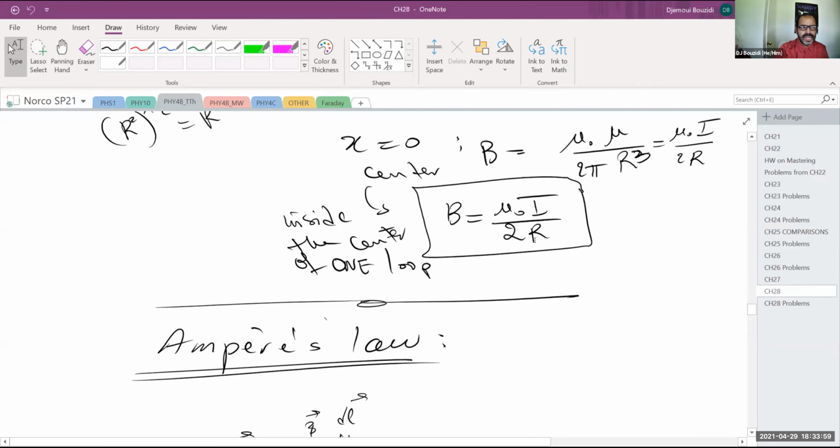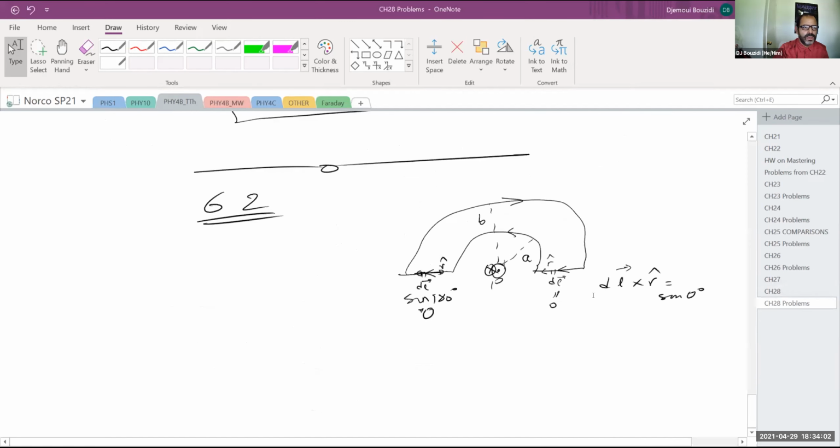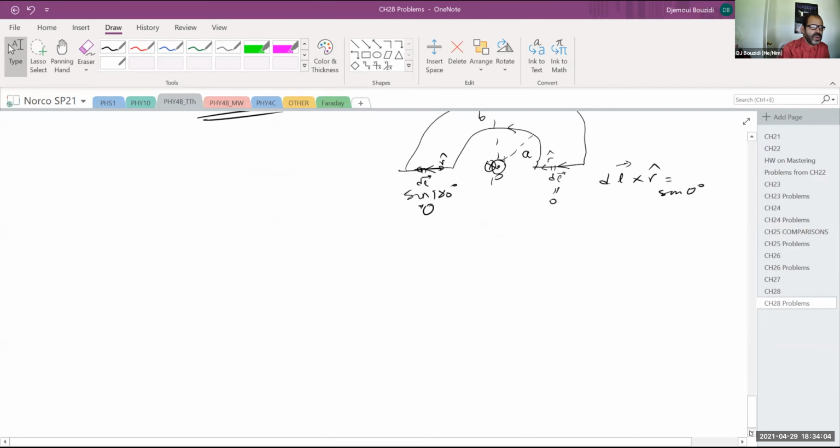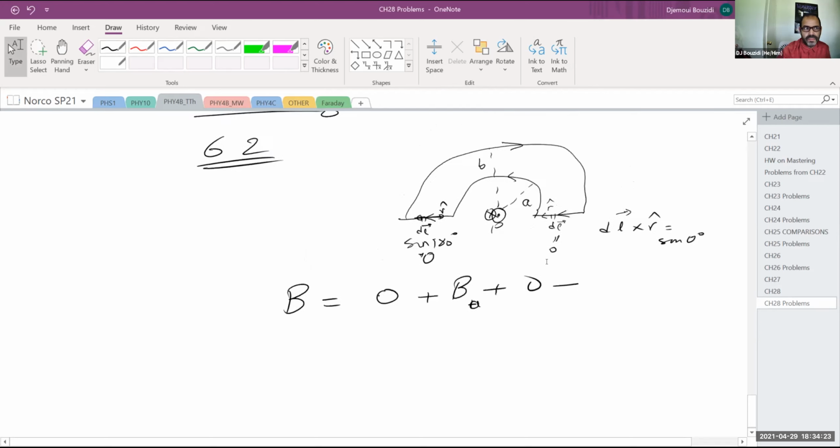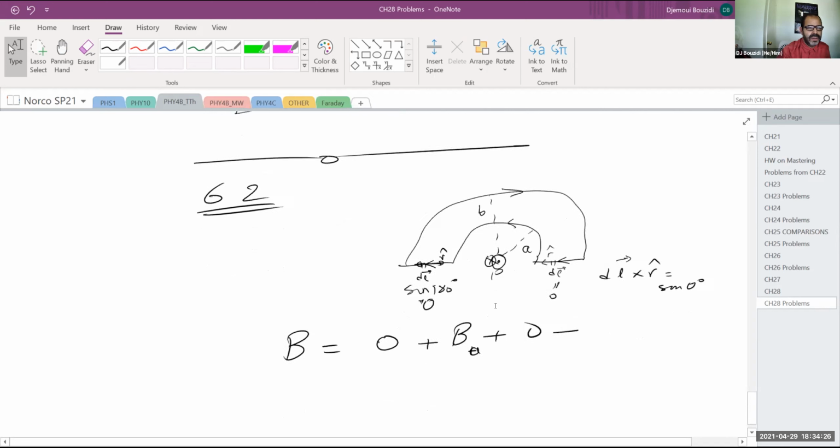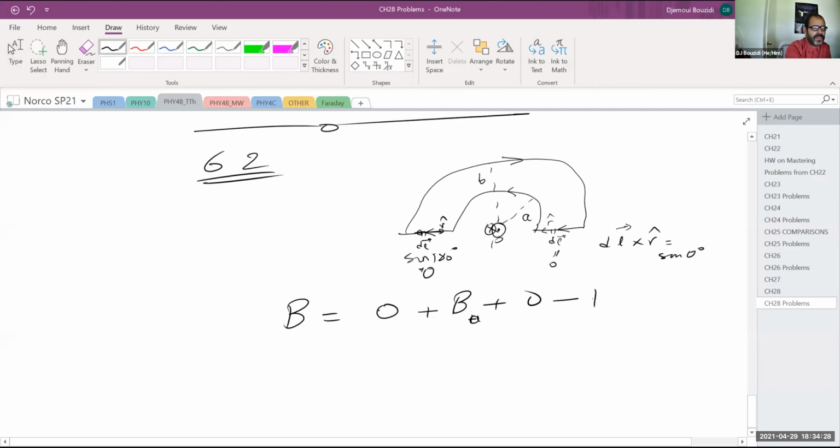In this case, the first radius is A, the second radius is B. So the total magnetic field at that point is going to be zero, the contribution from this one, plus the contribution from the semicircle of radius A, plus 0, minus, because the other one is going into the screen, the contribution coming from the upper dome in here, because it's circulating clockwise.